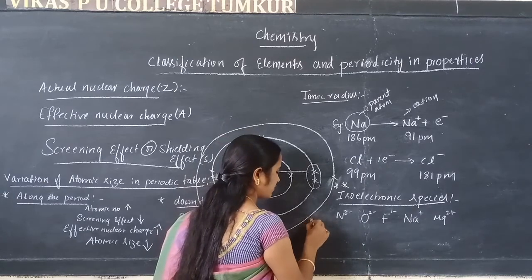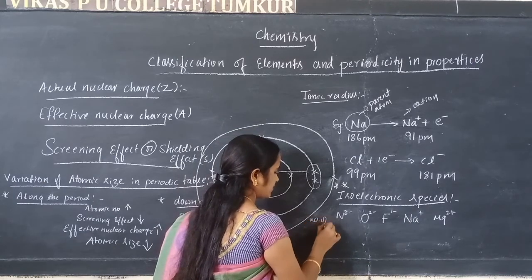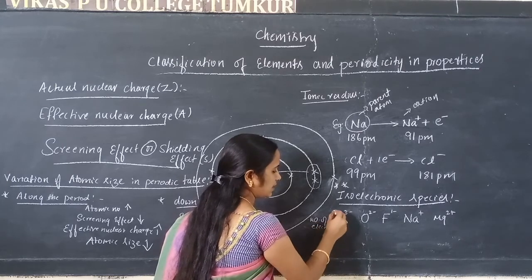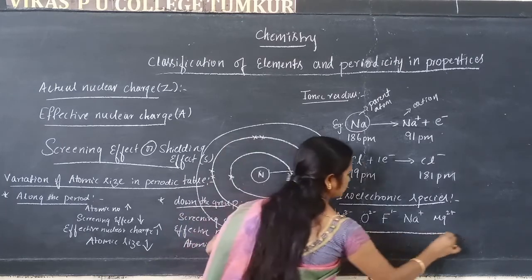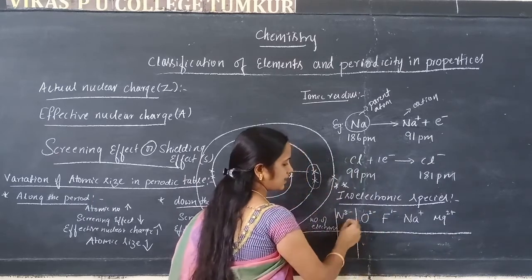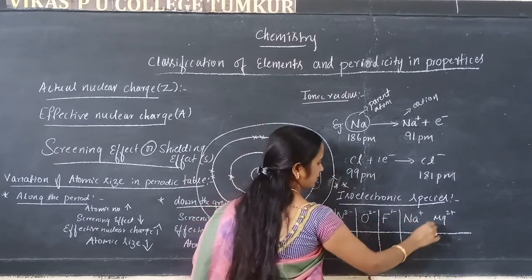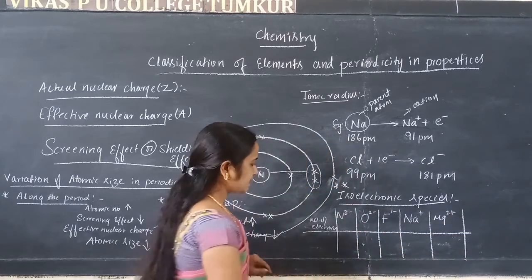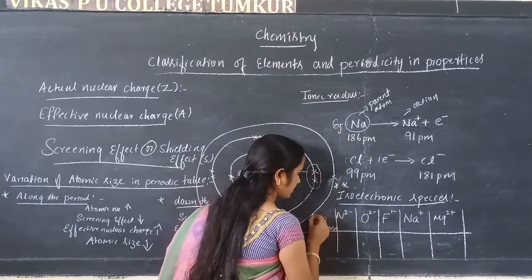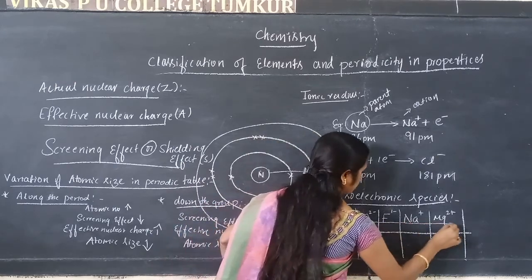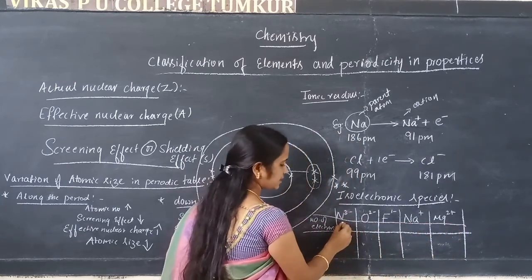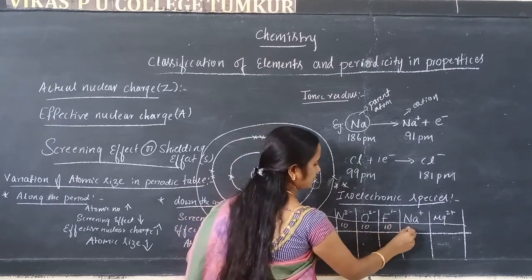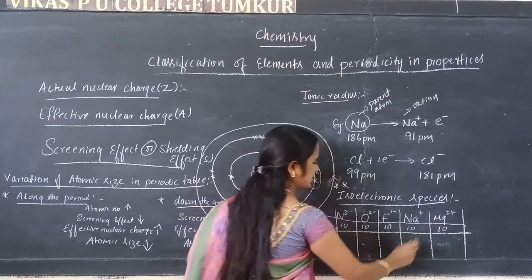The number of electrons is the same. In all of these, whether nitrogen anion, oxygen anion, fluorine anion, sodium cation, or magnesium cation, they have the same number of electrons, which is 10 only.